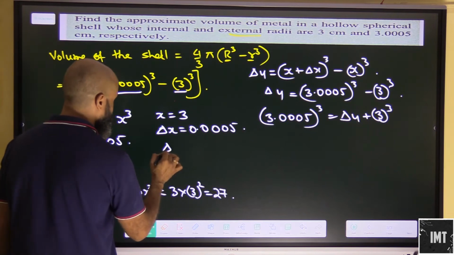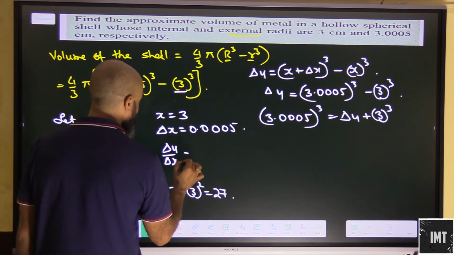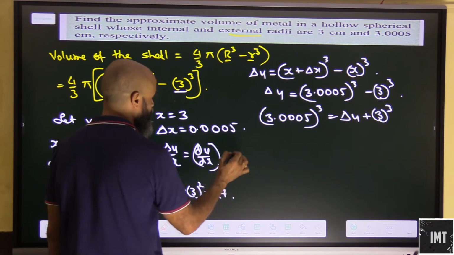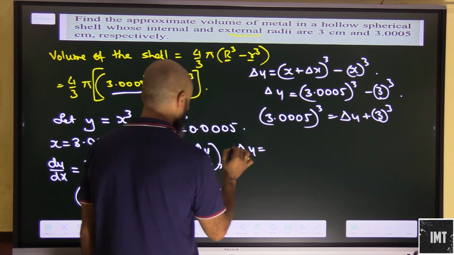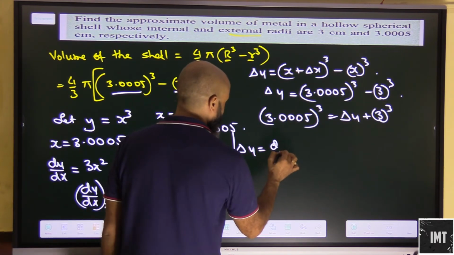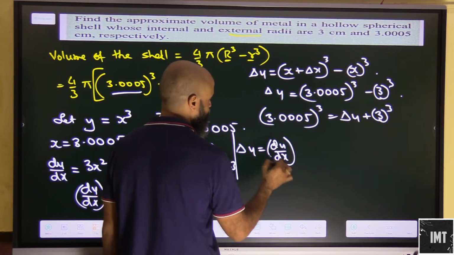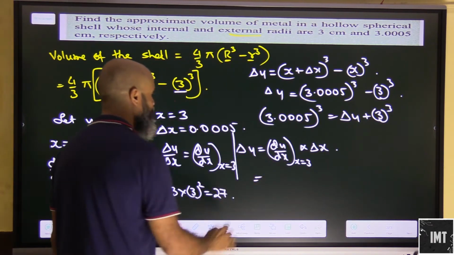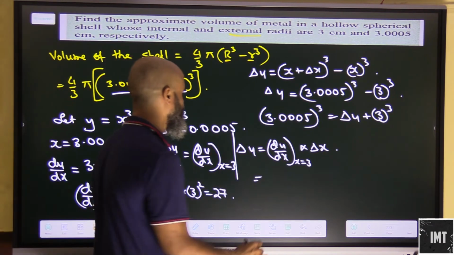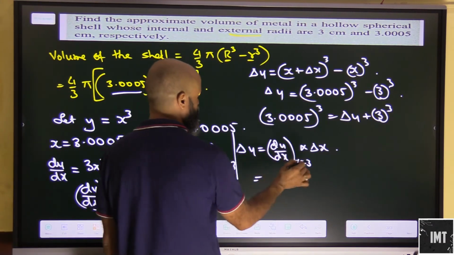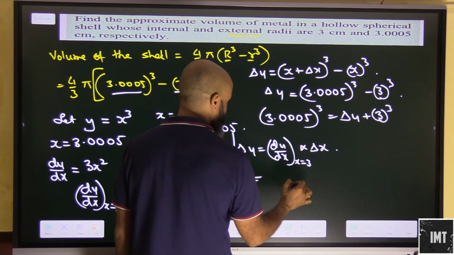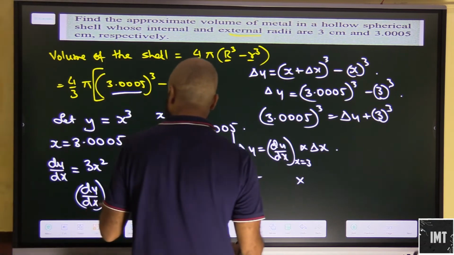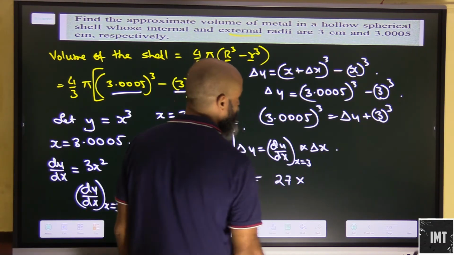We know that delta y by delta x is approximately equal to dy by dx at x is equal to 3. So delta y will be equal to dy by dx at x is equal to 3 into delta x. We know dy by dx at x is equal to 3 is 27, into delta x.